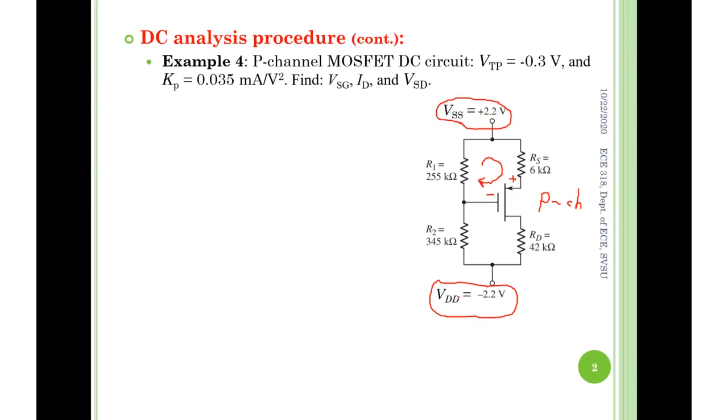And besides, you need to know the formula for saturation current for the P channel.